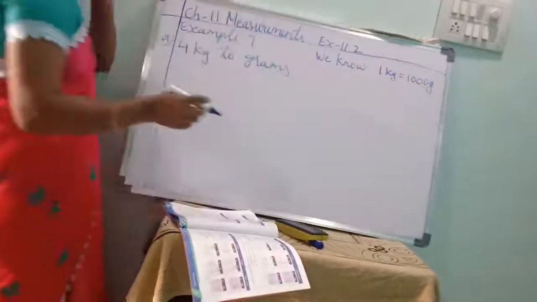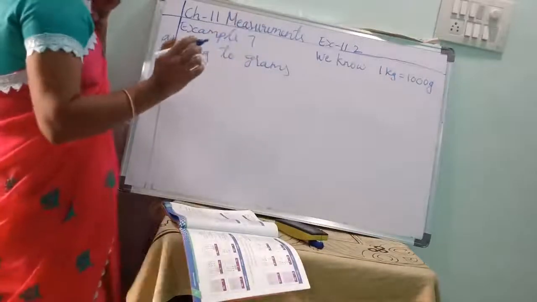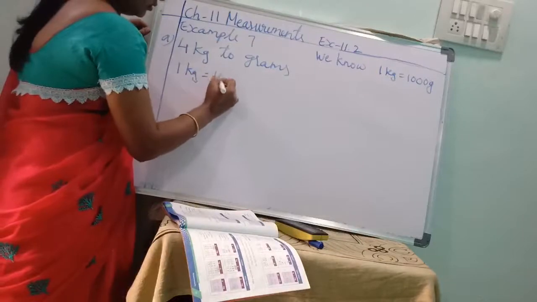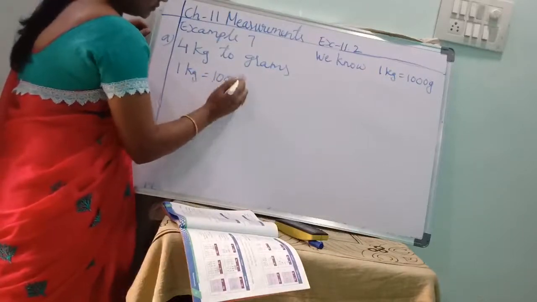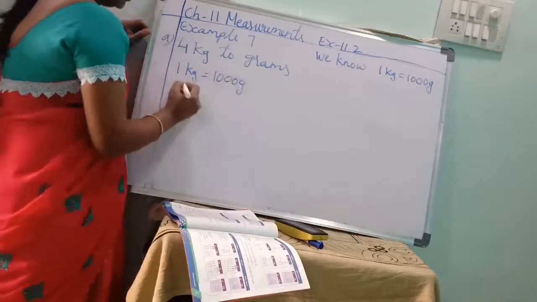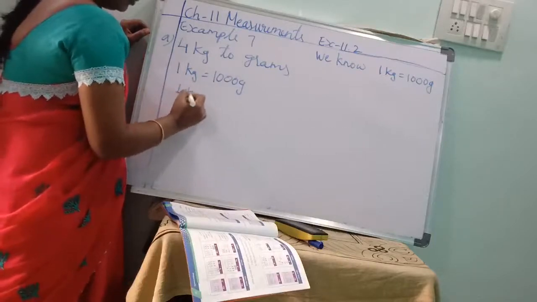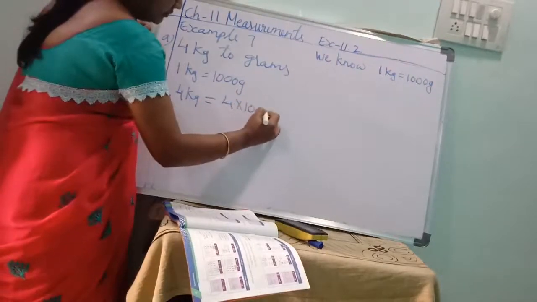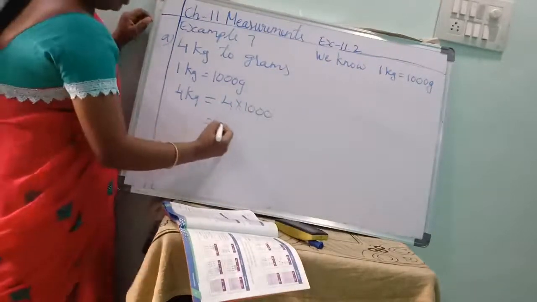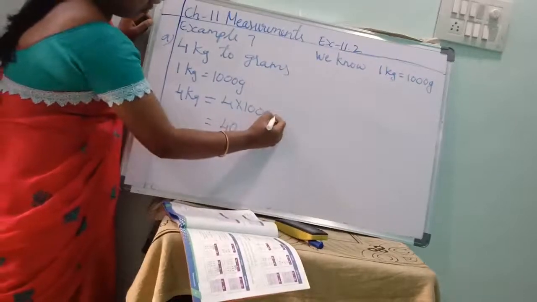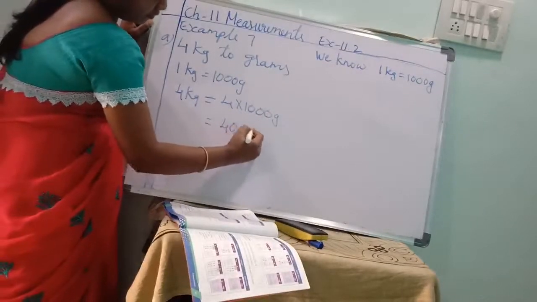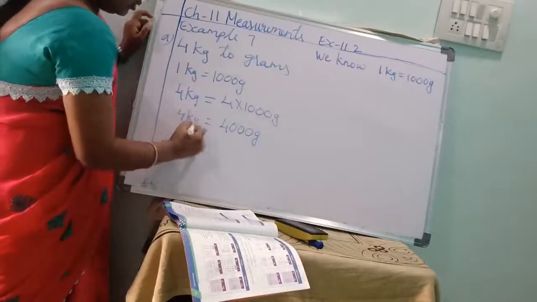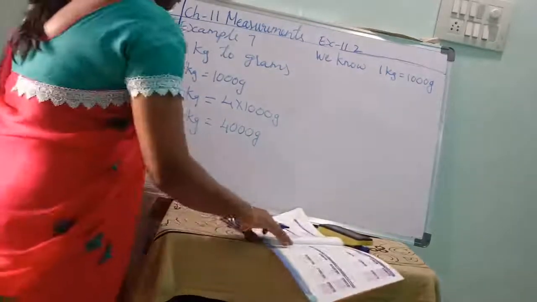Yes or no? That's why 4 kg is equal to 4 into 1000. Now 4000 grams. 4 kg is equal to 4000 grams. Understood, children?